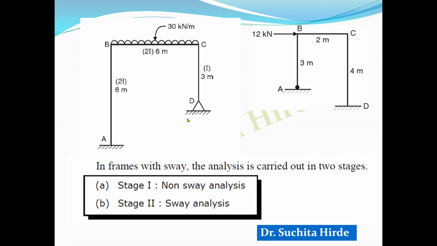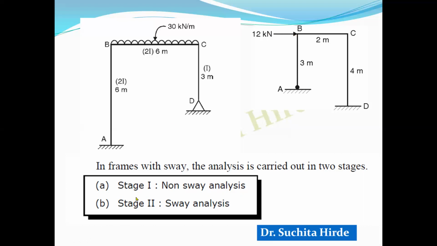This is the first case. But in the second case, since the load is at nodal point, whether it may be a load or a moment or a vertical load or horizontal load, any load, but it is acting at nodal point, in that case, fixed end moments are not developed. So since fixed end moments are not developed, there will not be any non-sway analysis in this second case.